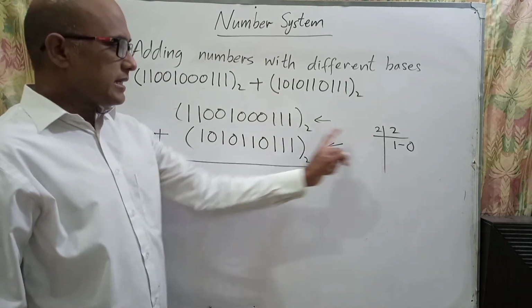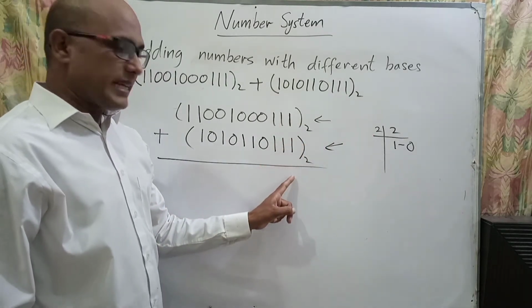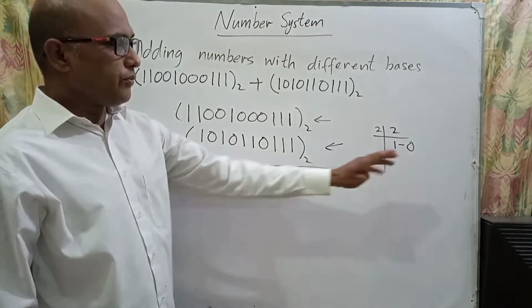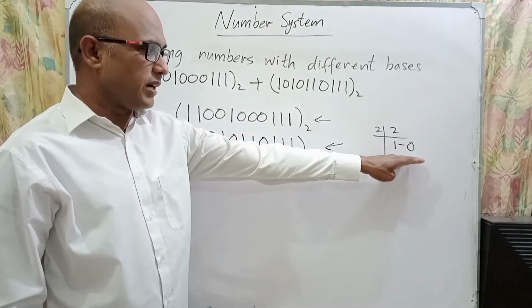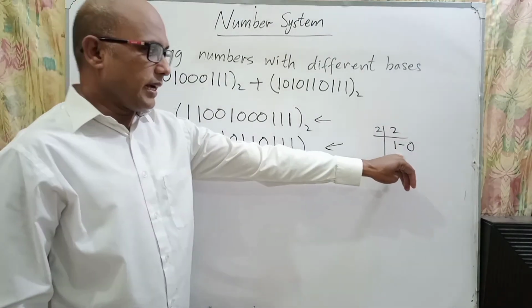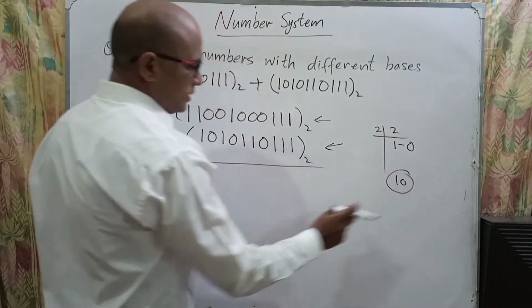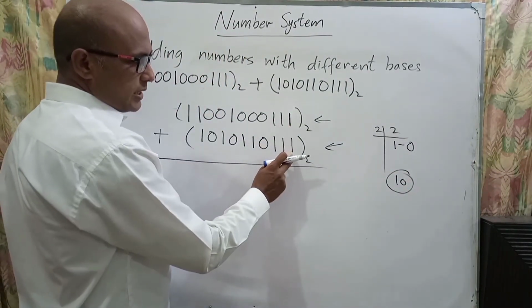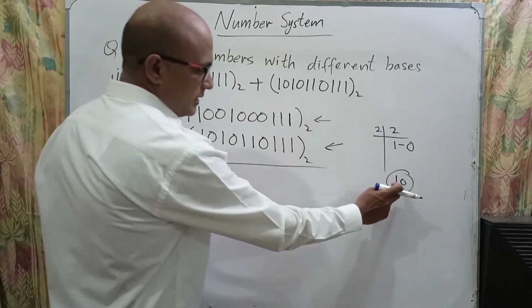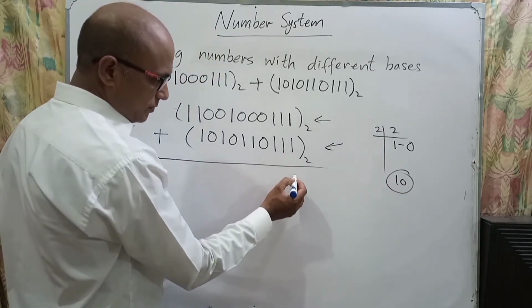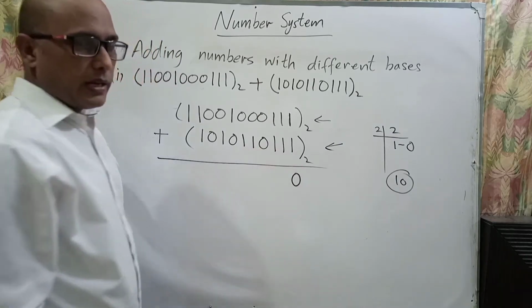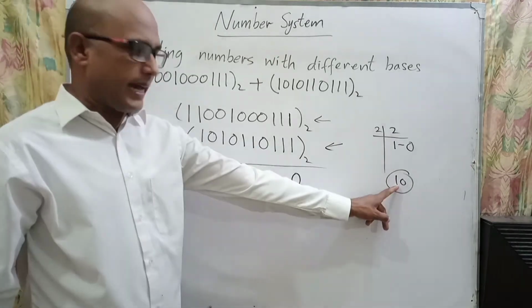Instead of writing exactly 2, we'll find its base number first. So, its base number is 10. So, this is 10. Instead of writing 2, we'll write the 0 of this 10, and 1 will be carried over.